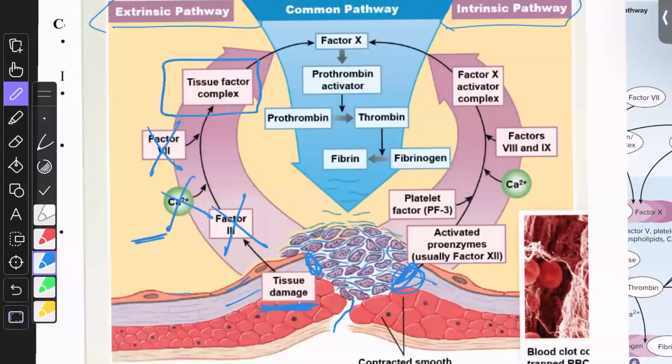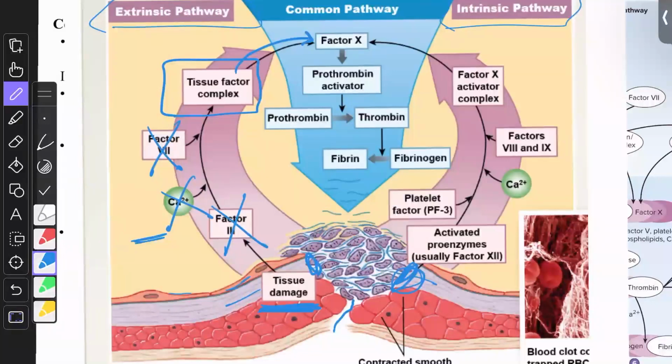The damage of the tissue leads to the creation of a tissue factor complex. And that tissue factor complex is going to lead to the production of factor 10, factor X. Okay? They're Roman numerals, but I like factor X better. It makes me feel better. So the extrinsic pathway produces factor X, factor 10. You guys with me so far? Have I lost anybody?